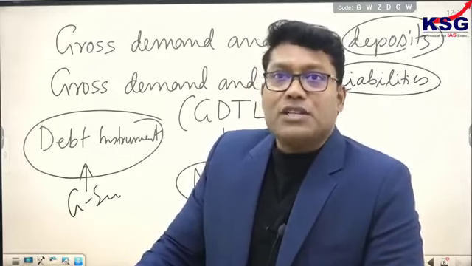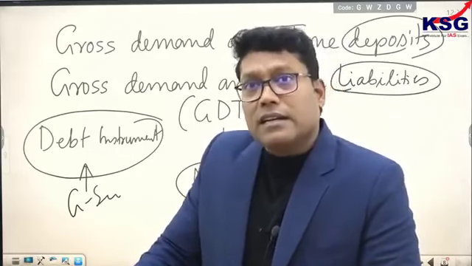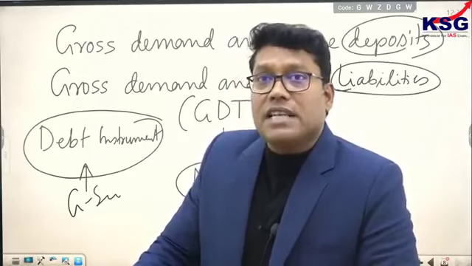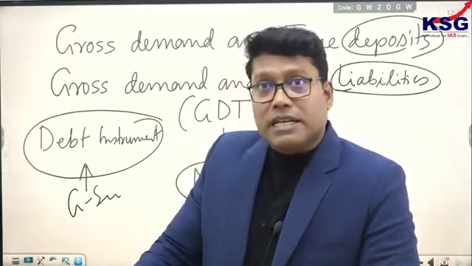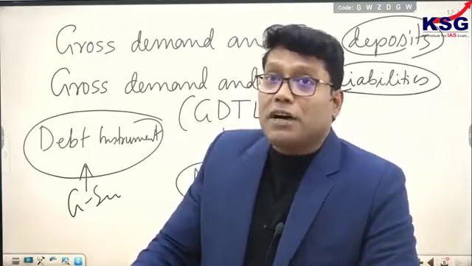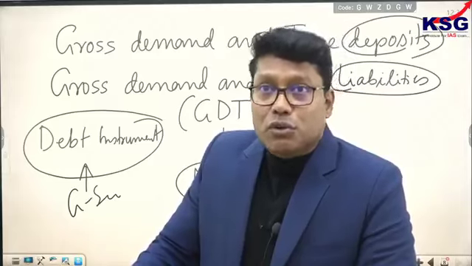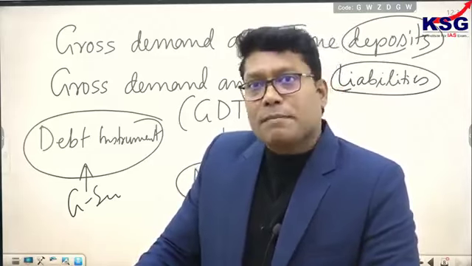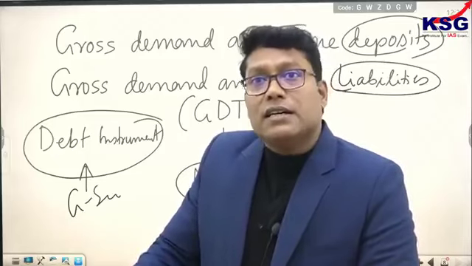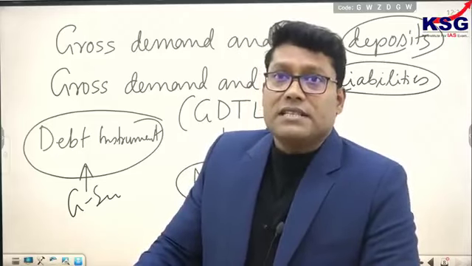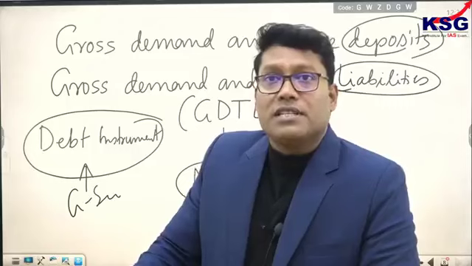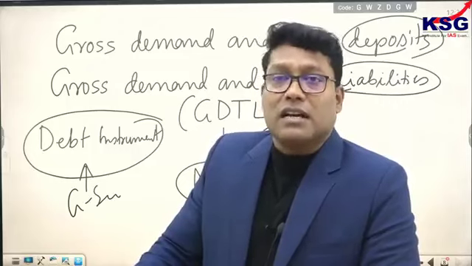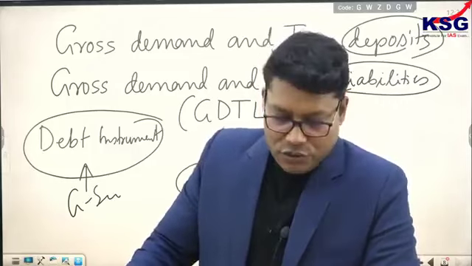So all the coins you can see in the economy are Government of India's liabilities, but RBI circulates them in the economy on behalf of the government. RBI is distributing, but it is minted under the Government of India. But notes of 2 rupees and above, paper notes, are liabilities of the central bank. Those things you have to remember.